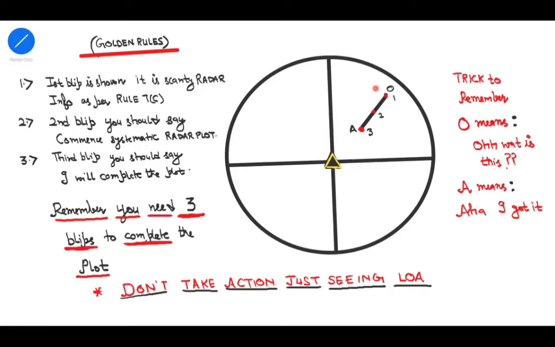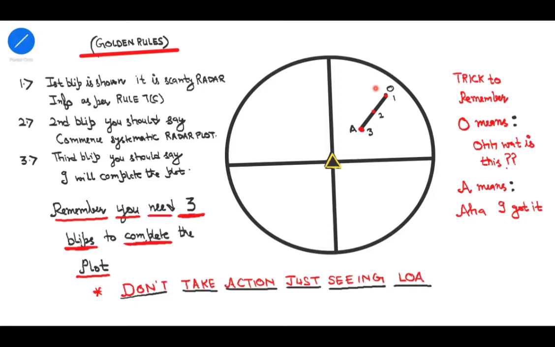Because it wants to create something in your head that scanty radar information is also there. So please pay attention to scanty radar information as well, because scanty radar information can lead to more disaster. Okay, so the first blip is shown, so it is just scanty information.